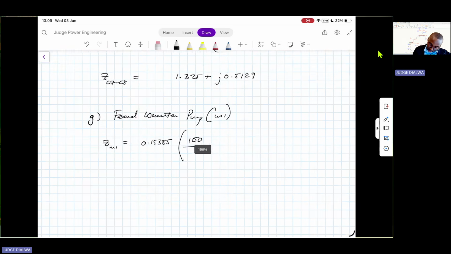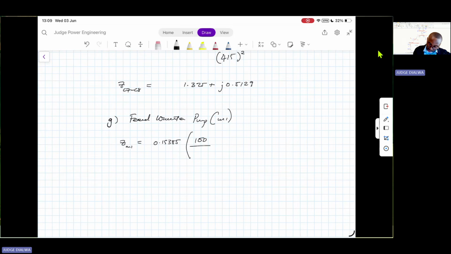So what is our kilowatt rating? Mind you, we are given our rating in horsepower, so we need to convert that to kilowatts. Applying the ratio of 1 horsepower is 0.7456 kilowatt, we'll then be able to convert that. So that would be 2.5 times 0.7456.